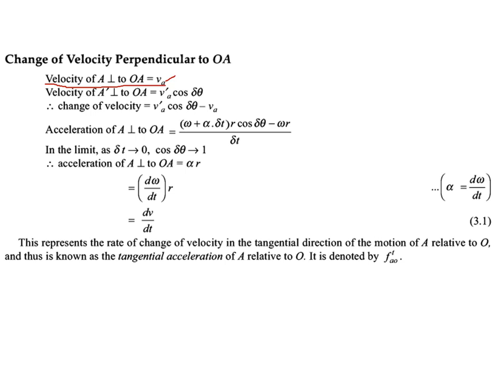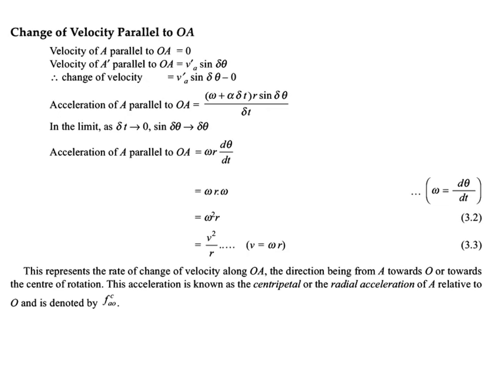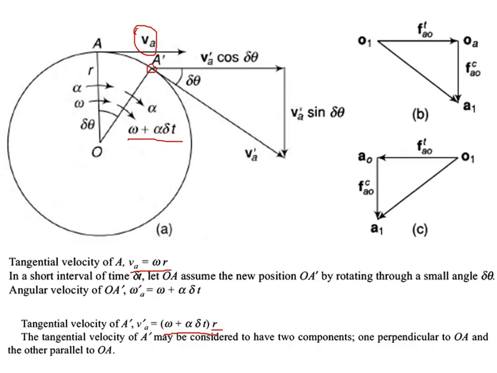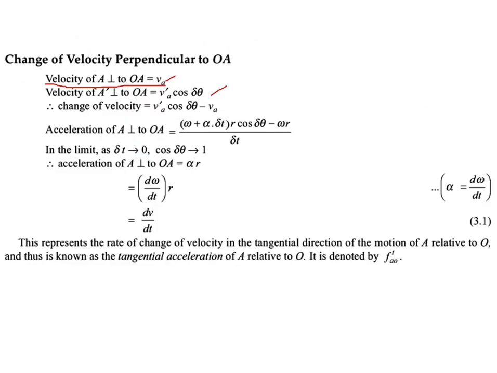And the velocity of A dash perpendicular to OA is VA dash cos del theta, that is this component. Therefore the change of velocity will be the difference of these: VA dash cos del theta minus VA.